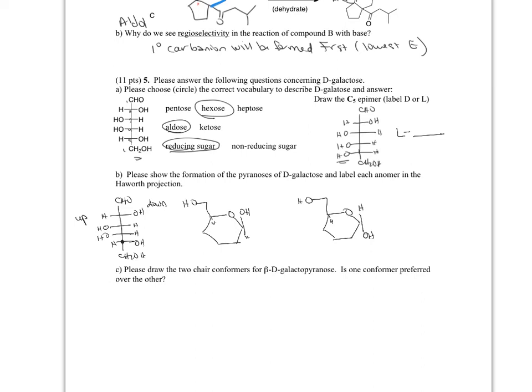So carbon 2, we have to have the H up and the OH down. Carbon 3, OH up, H down. Carbon 4, OH up, H down. So 4 OH up, 3 OH up, 2 OH down.